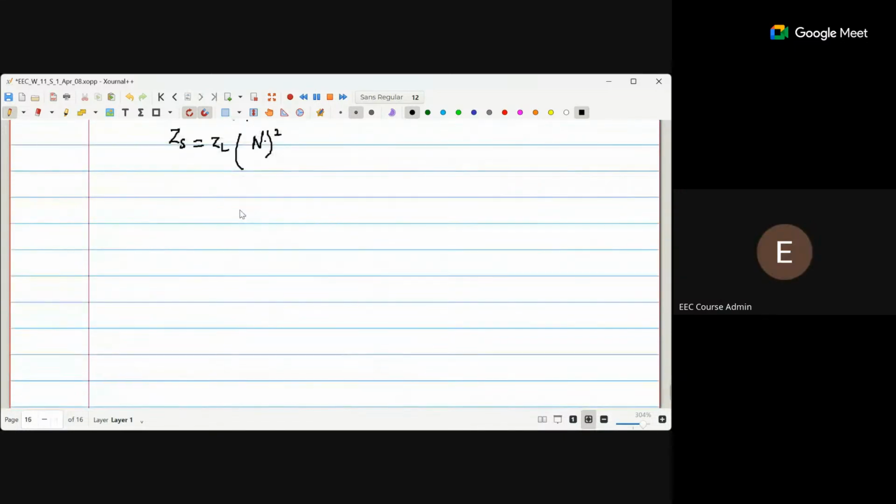What else? 34. One more question we have, right? Yes, ma'am. The magnitude of the input impedance seen by the AC source in the circuit.